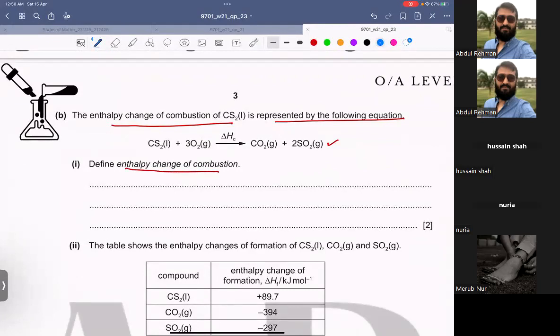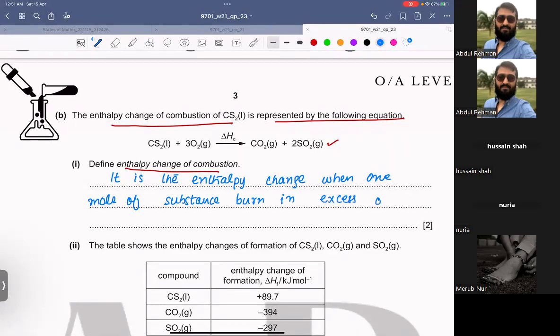So we can define it as the enthalpy change when 1 mole of substance burns in excess oxygen.